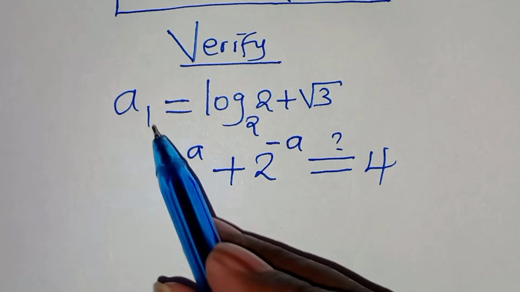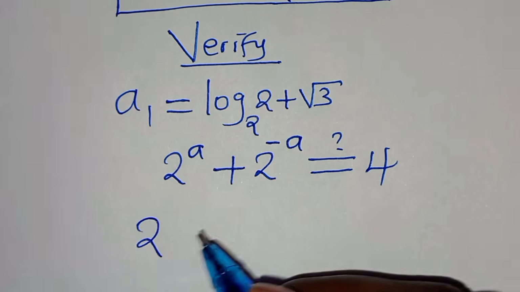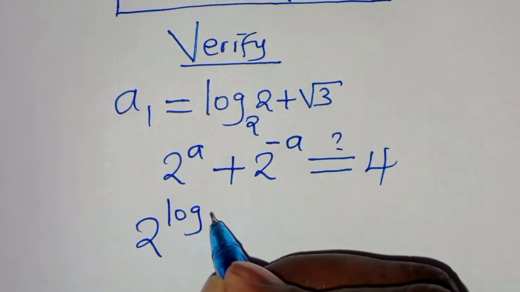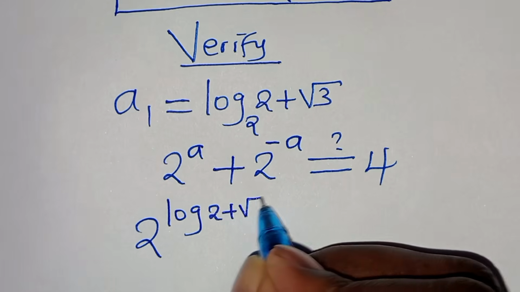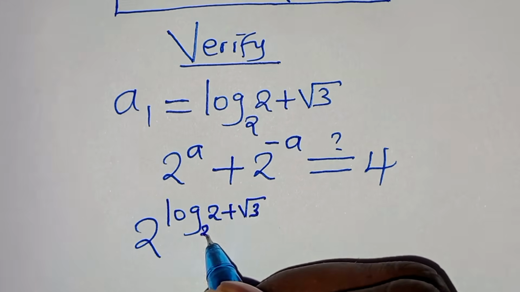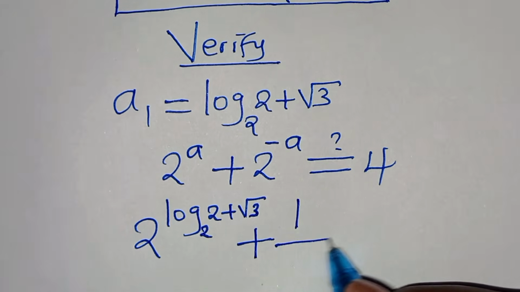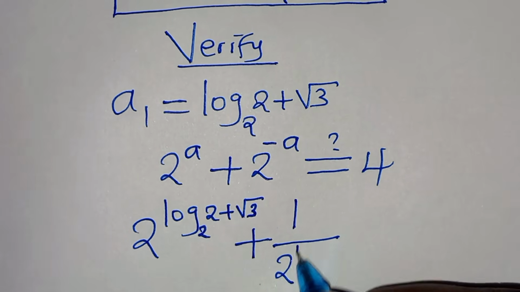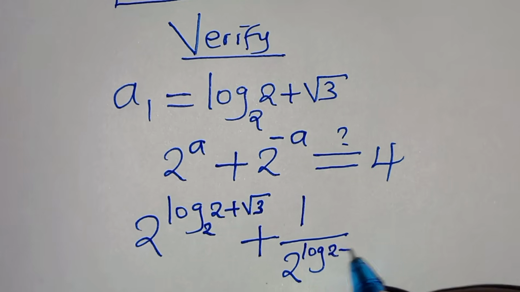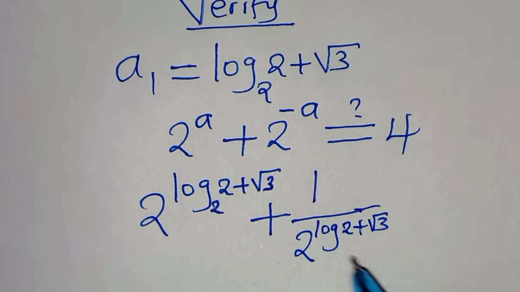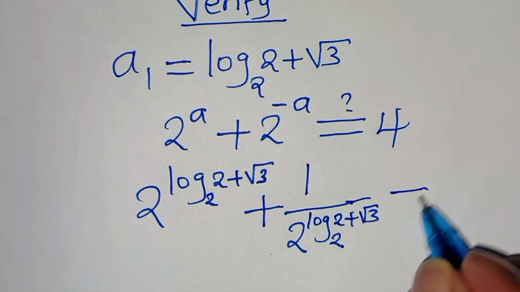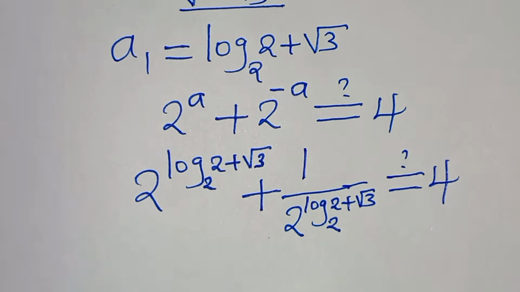So let's substitute A1 so that we have 2 to the power of log of 2 plus square root of 3 to base 2. Then plus, we can express this as 1 over 2 to the power of log of 2 plus square root of 3 to base 2. This should give us a value of 4.